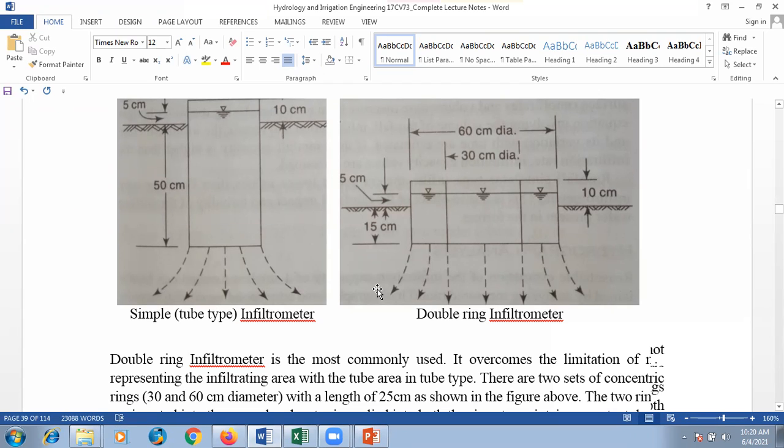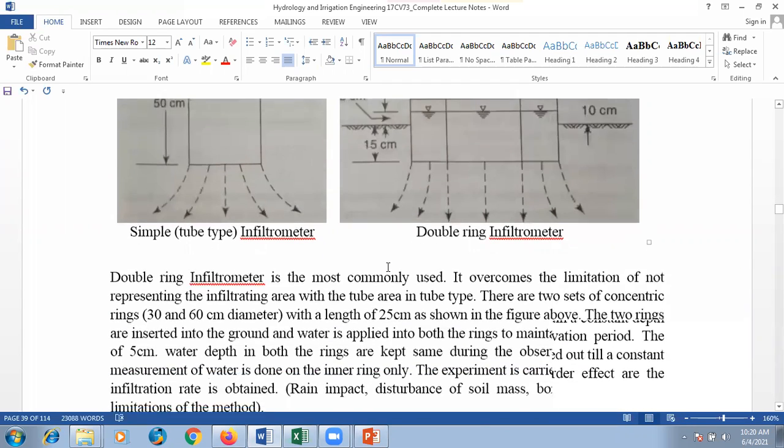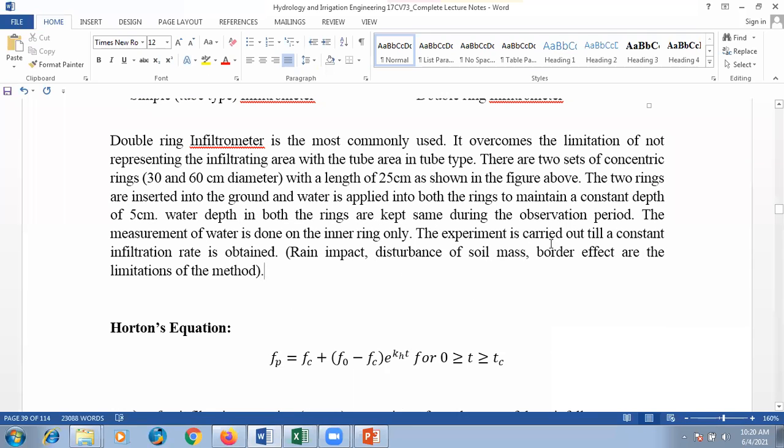In which case, the infiltration into the soil will remain constant at a certain level. This would normally happen towards the end of a certain period after quenching the soil for some time. That is known as the constant rate of infiltration. We will come to that when we discuss an example.